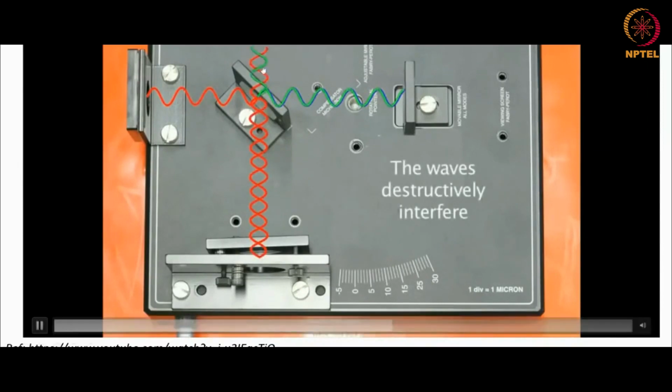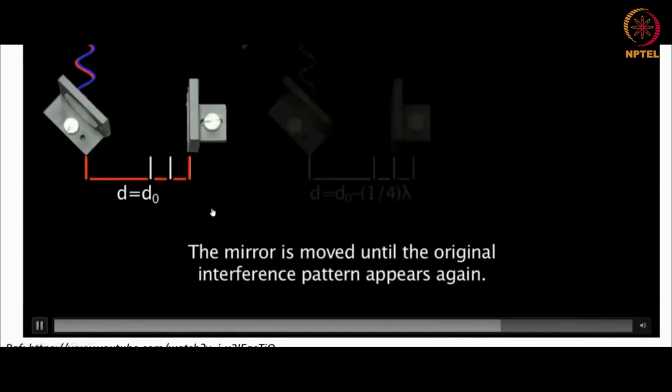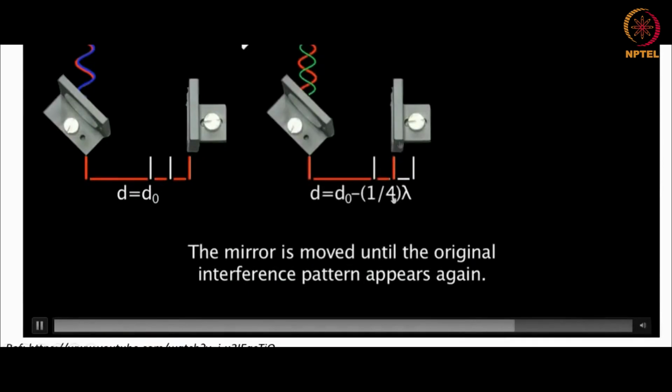So we can see here the maxima of both the waves are on opposite sides. Initially the distance is d0 between the beam splitter and the mirror, and when we move the mirror by 1/4 of the wavelength of the light, destructive interference will occur.